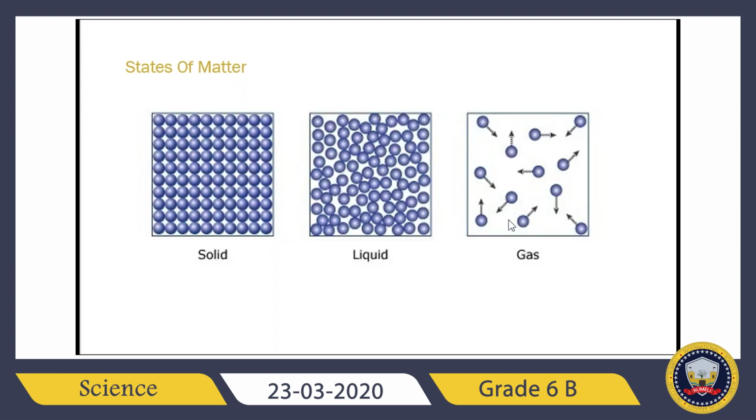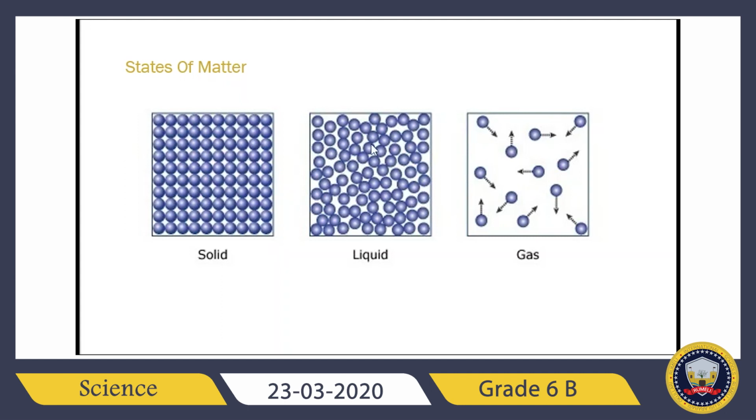So again, a solid has a definite volume and a definite shape. Why? Because there are no spaces between the particles that would allow the particles to move past each other, or to be compressed or expanded. Liquid doesn't have a definite shape.